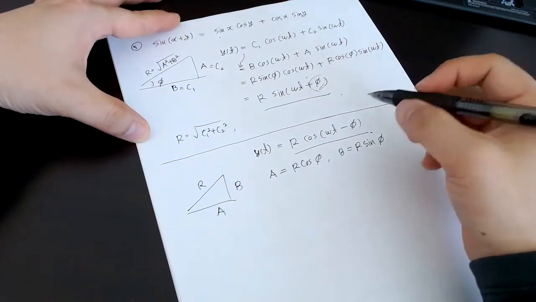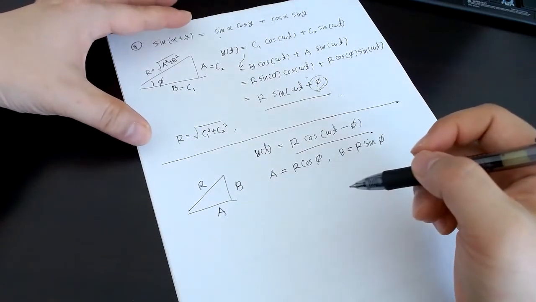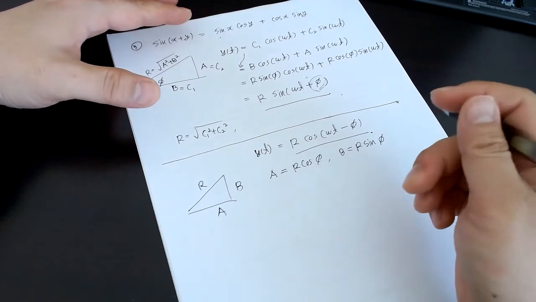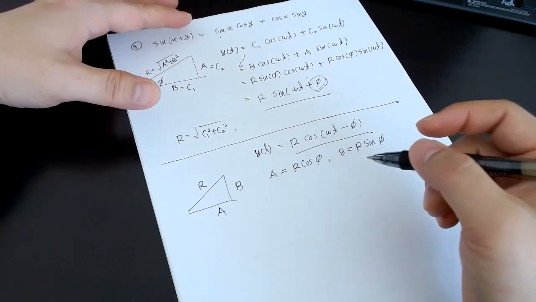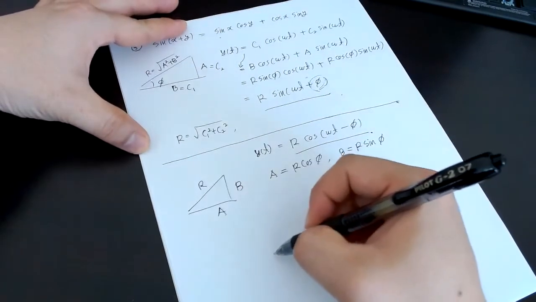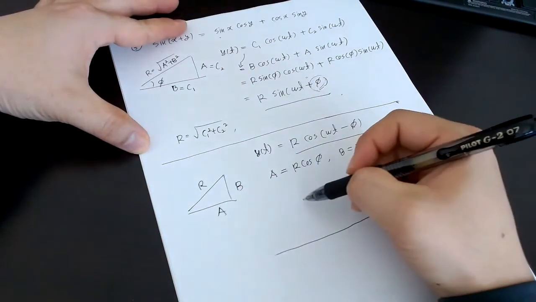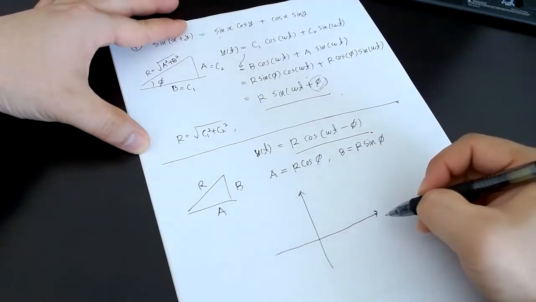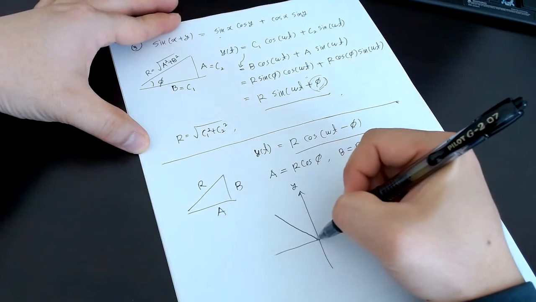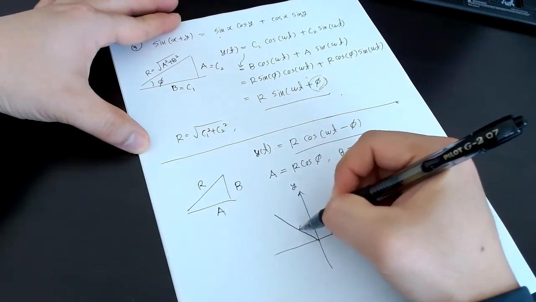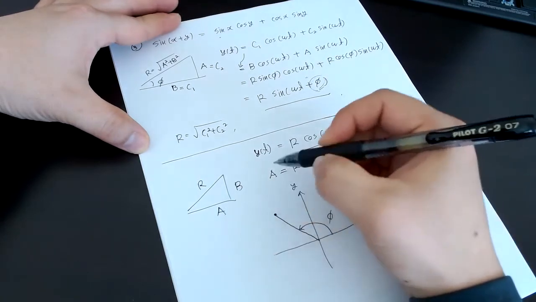Okay, so now I'm going to use the polar coordinate system. This is x and this is y. For example, this is pi, and the point a comma b is right there.